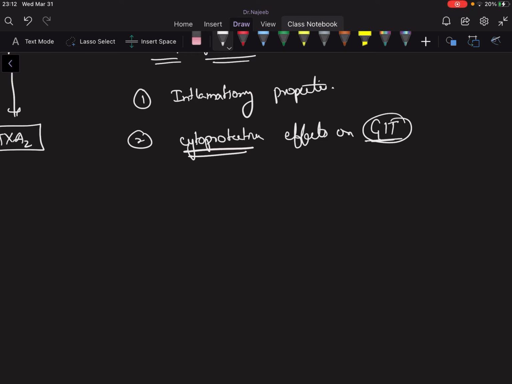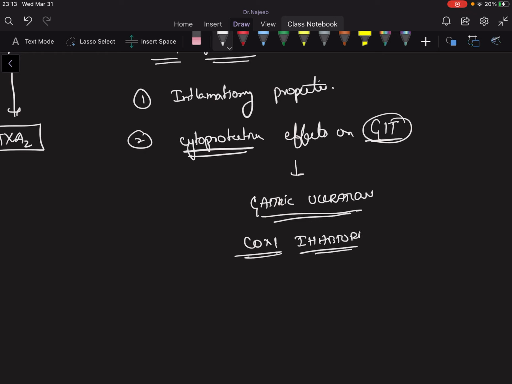Suppose we give COX1 inhibitors, what will happen? It will stop the protection of those cells, and there will be gastric ulceration. So we can say that COX1 inhibitors are contraindicated in patients with gastric ulceration.